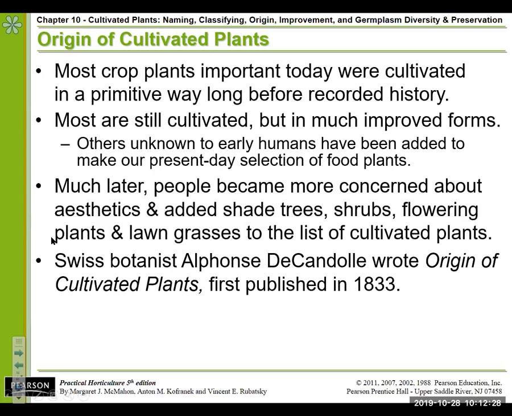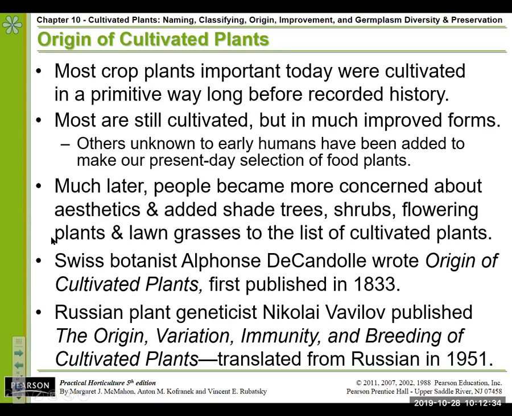And there was a Swiss botanist here, Alphonse de Candolle, who wrote The Origin of Cultivated Plants, and basically was the first one to really talk about how the first humans observed these mutations and tried to develop crops out of them, or did develop crops out of them, I should say.